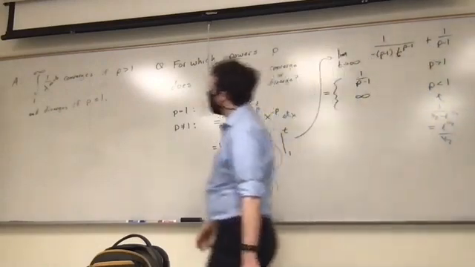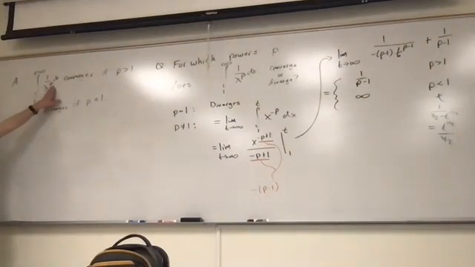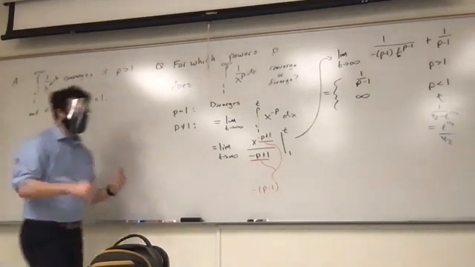And then what you can remember is, if this p was negative, then it's definitely going to diverge. That would be like finding the integral of x squared, and that definitely has an infinite amount of area. So if you can remember that 1 is the dividing line, and the side that has negative numbers is where it diverges, that can make it easier to remember exactly how it goes.